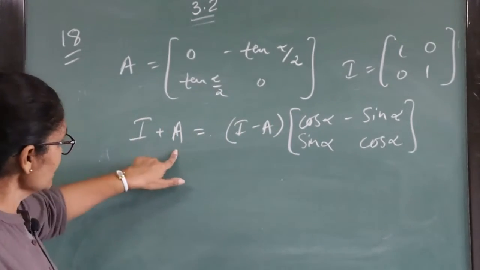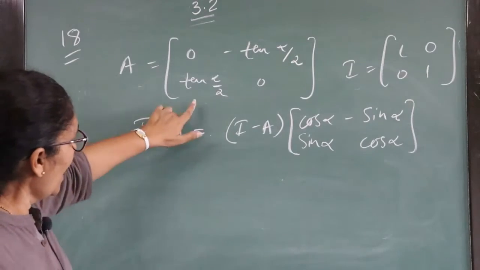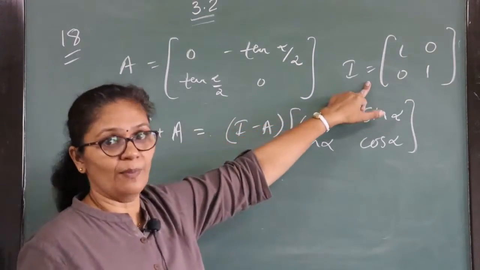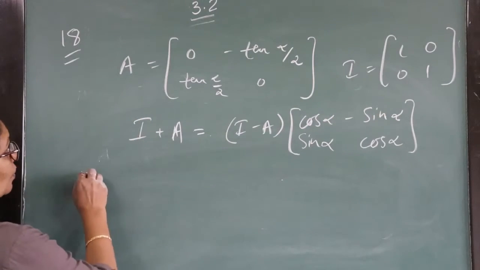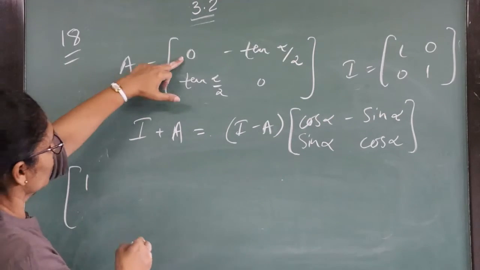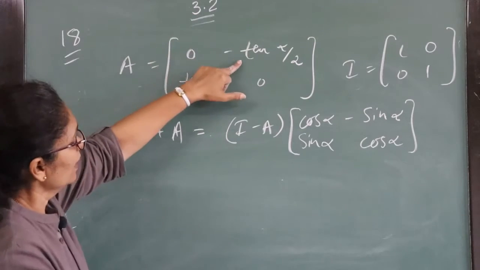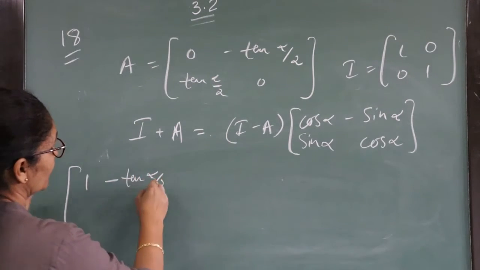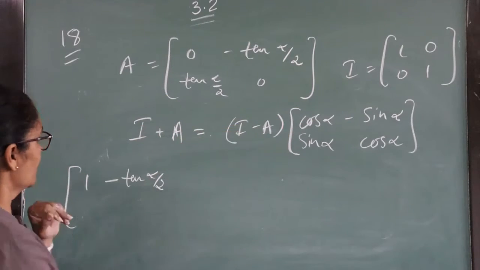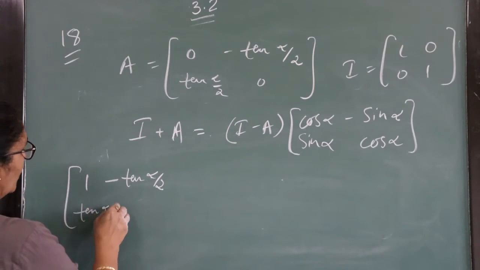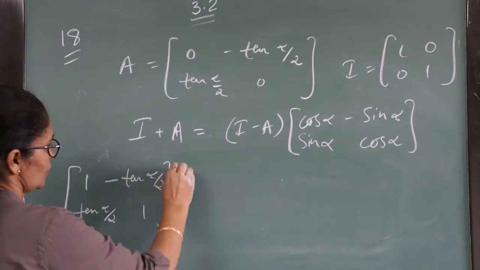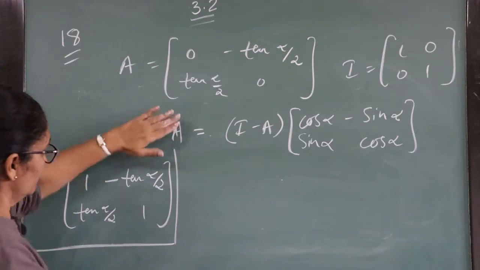Now I plus A, first we solve this side. I plus A means I have to add matrix A to matrix I. So 1 plus 0 is 1, minus tan alpha by 2 plus 0 is minus tan alpha by 2, tan alpha by 2 plus 0 is tan alpha by 2, and last 0 plus 1 is 1. So this side is complete.